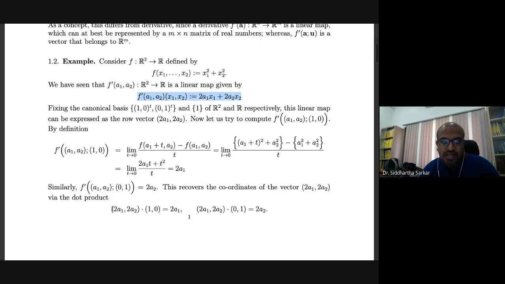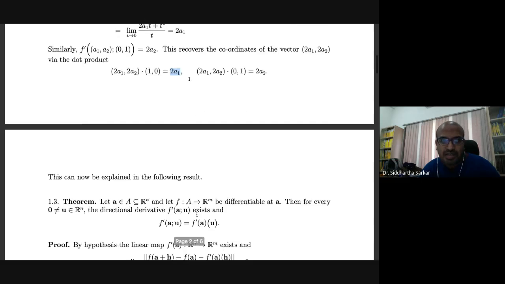So in some mysterious way, I'm ending up computing the derivative as a matrix representation, which is a vector in our case, and I'm computing the dot product of this with the vector along which I'm computing the directional derivative. This way I'm recovering the coordinates of the derivative vector. So the question is: is it always possible to recover it like this?